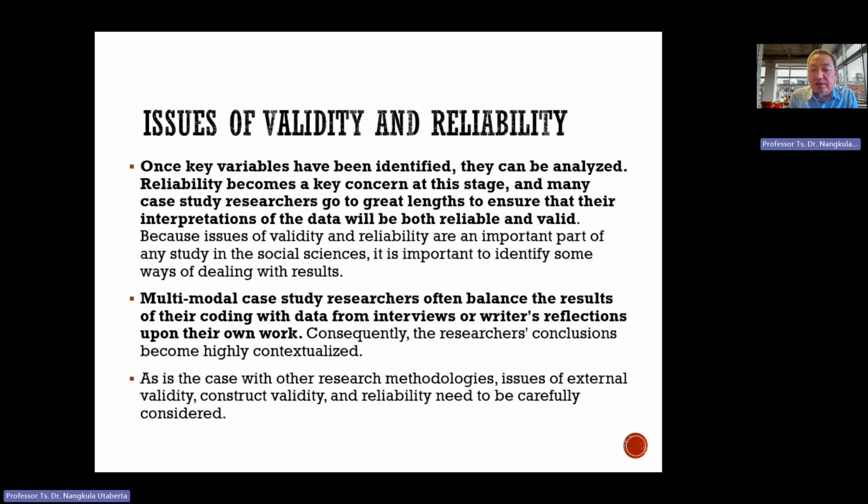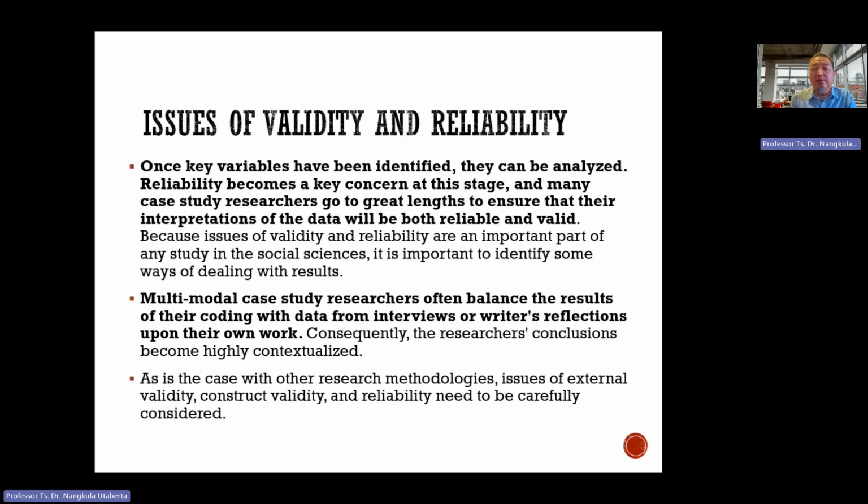Of course, when we talk about case studies, one of the issues, as you can see in the histories between the 1930s into 1950, is the reliability, whether it's scientific enough, whether the data that you collected represent the whole issue or other things.